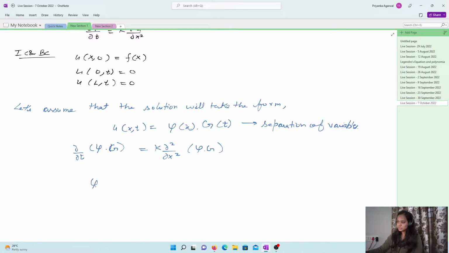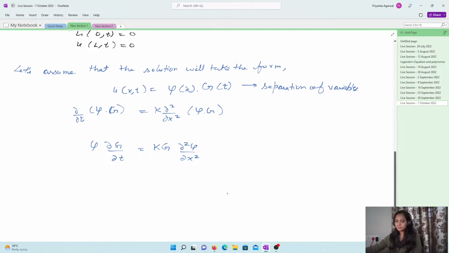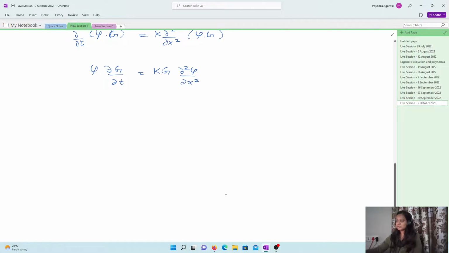So here it becomes psi del g by del t equals k g del square psi over del x square, right?